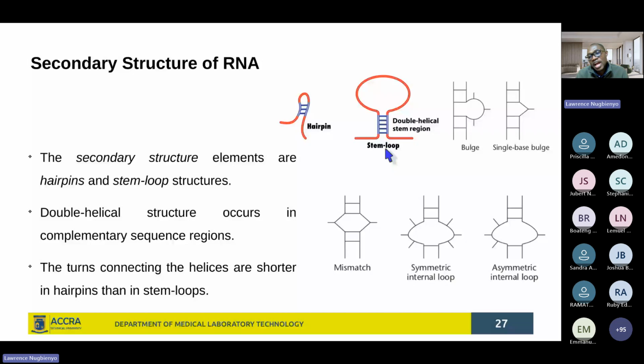Now, you can have forms of RNA secondary structures referred to by different names, like a bulge, for instance.